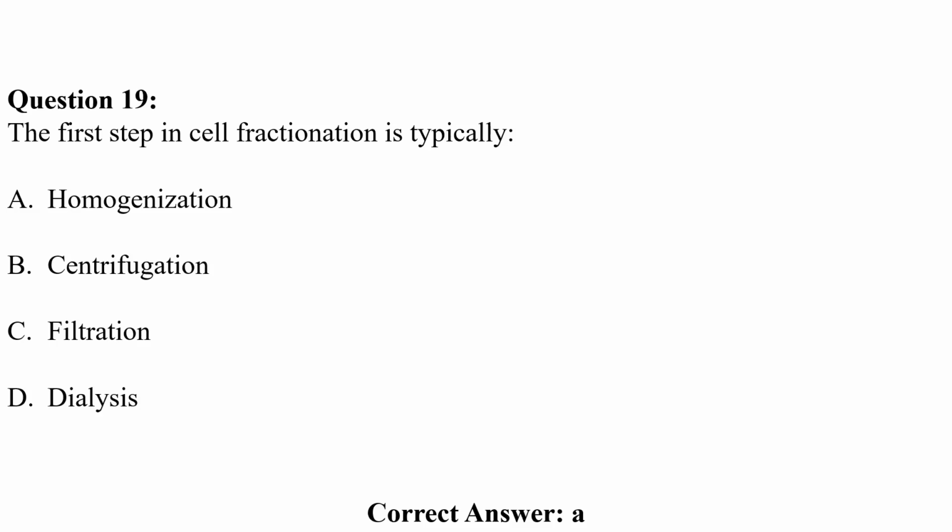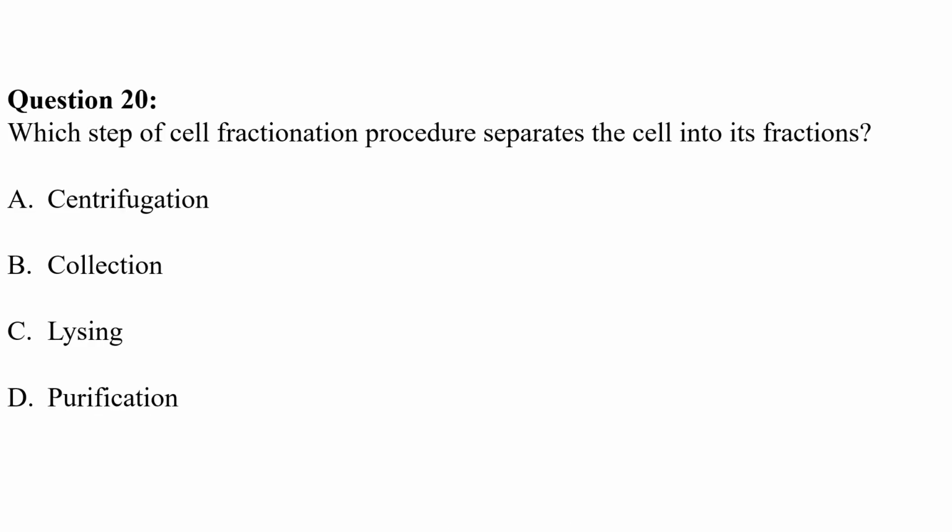Once you have a solution of that cell where the cells have broken down, you can take that solution and do the centrifugation for collecting different fractions. Whatever approach you are taking for cell fractionation, that technique can be applied after homogenization. So option A is the correct answer.